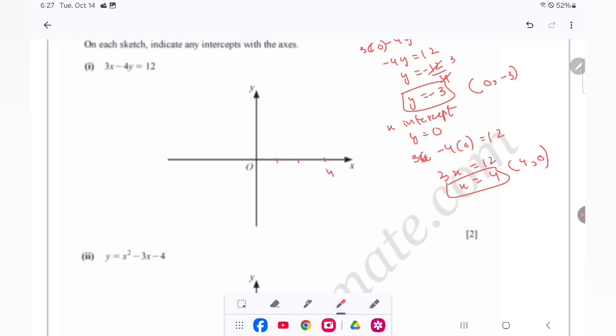The 4 here, and negative of 3 on the y, negative 3 on y at x 0 and positive 4 on x at y 0. 3, 2, 1, something. This is our line.